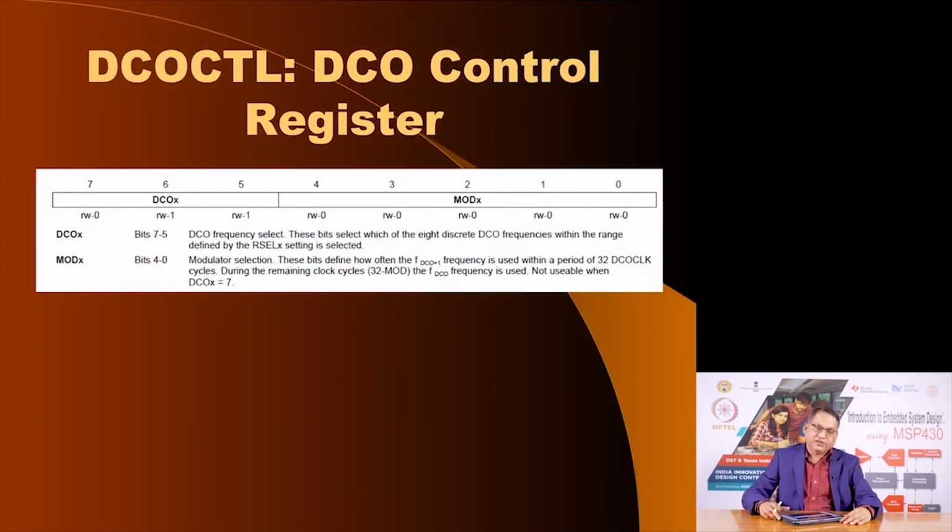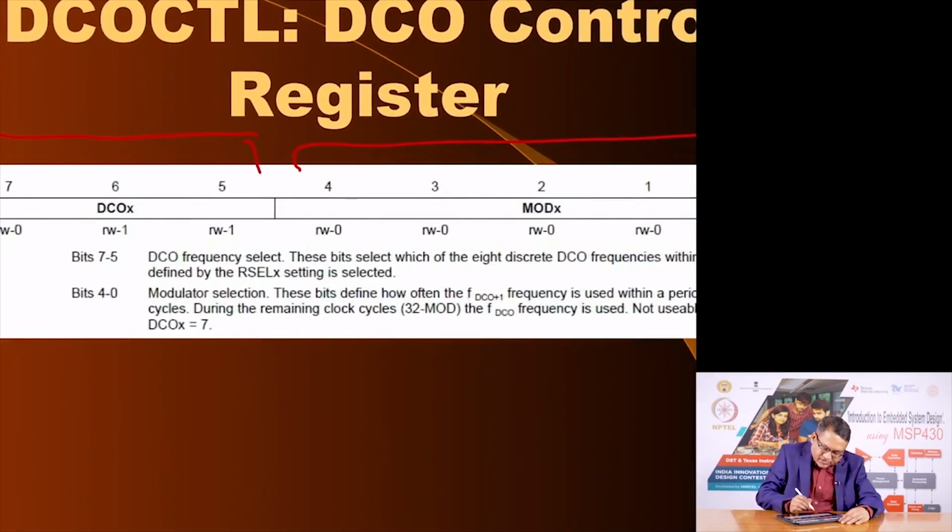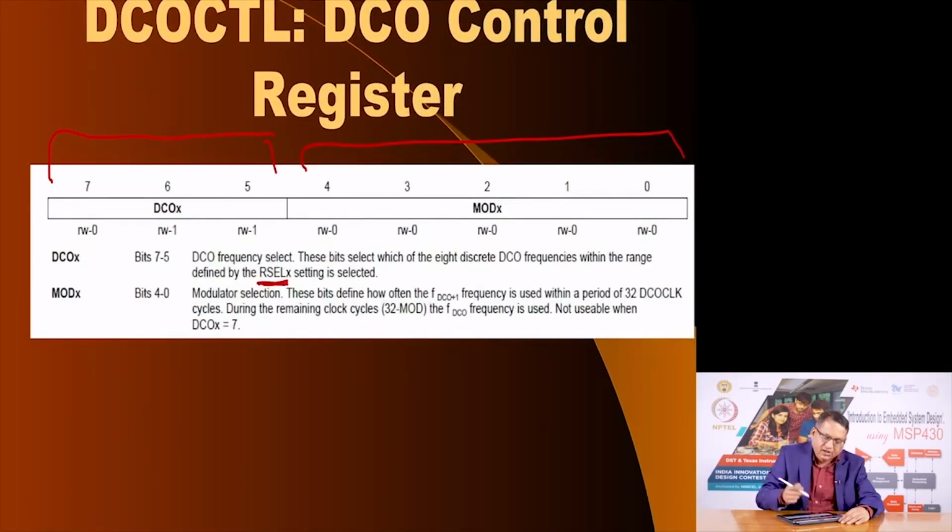The most important register is the DCO control register, and it has 2 sets of bits. One is called the DCO bits, and these are 3 bits here, and you have 5 bits here which are the MOD bits. The DCO bits select a frequency, broad frequencies, which are dictated by another set of bits, which we will see in the other register that we will briefly see.